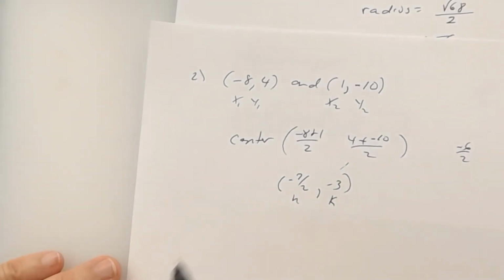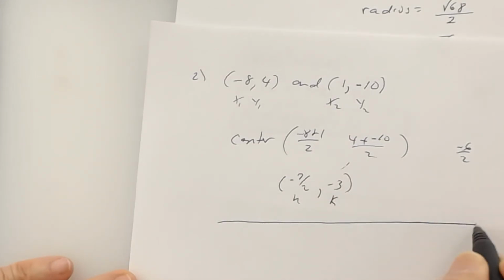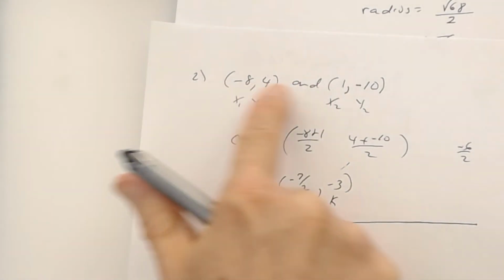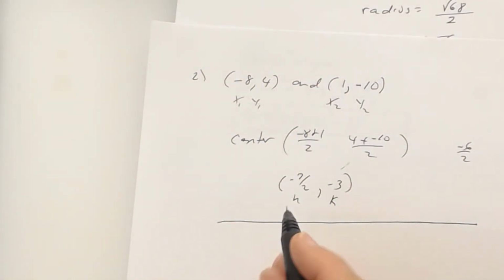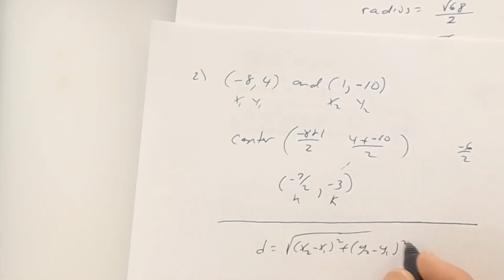All right. Now, the only thing I've got to find now is the radius. How do I find the radius? What's the first thing I've got to do? Find the length of the diameter using the distance formula. So remember, the distance formula is the square root of (x2 minus x1) squared plus (y2 minus y1) squared.